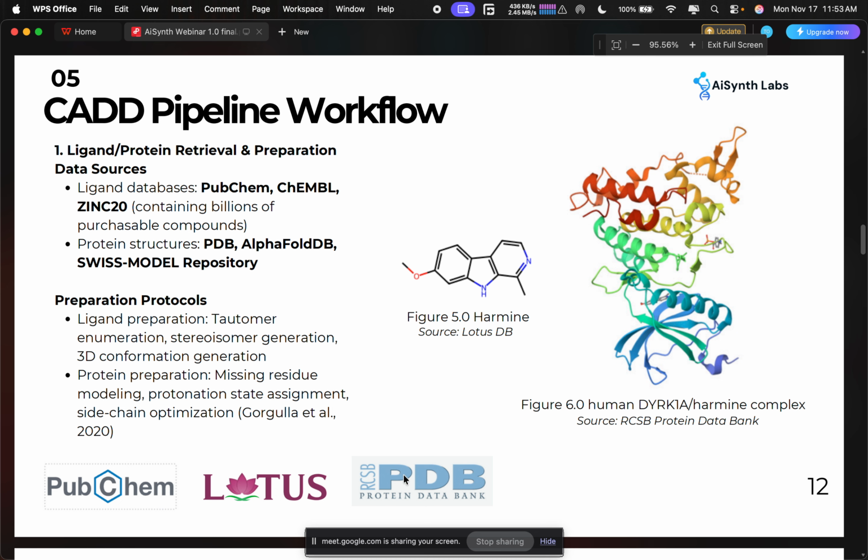And if you want to get your protein structures, you go to the RCSB PDB. That's the Protein Data Bank. It's a very, very massive library of proteins, and this is gotten from there. This is the human DYRK1A protein. This is the structure of the protein, and this is the co-crystallized ligand. I don't know if you guys can see that.